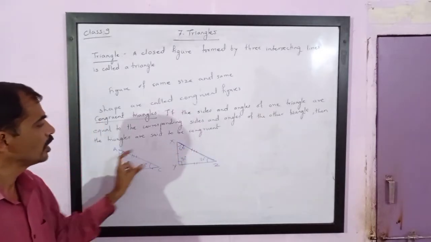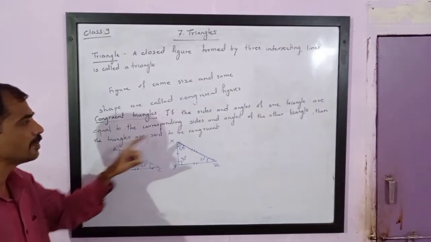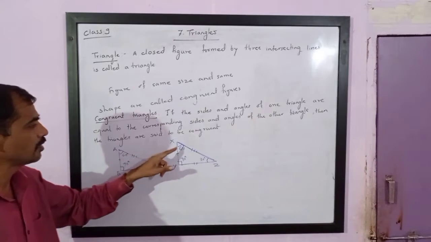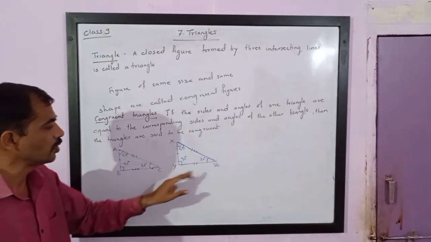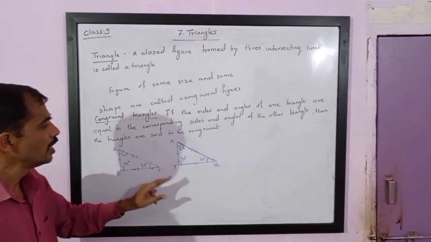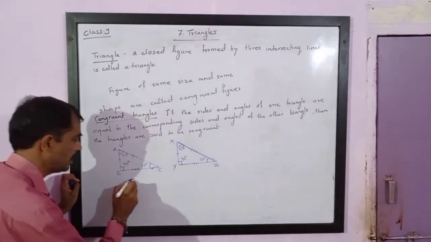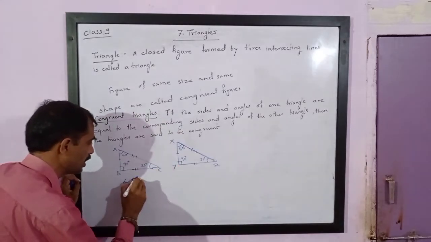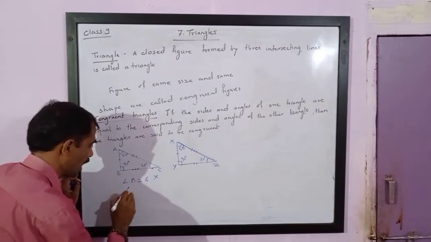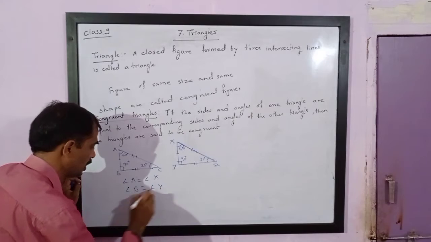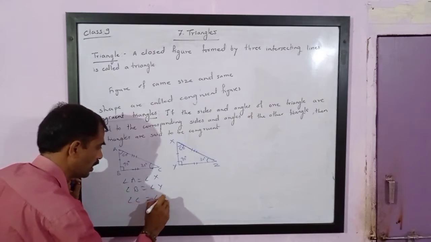Corresponding sides are equal, and corresponding angles are also equal. Angle A is equal to angle X, angle B is equal to angle Y, and angle C is equal to angle Z.